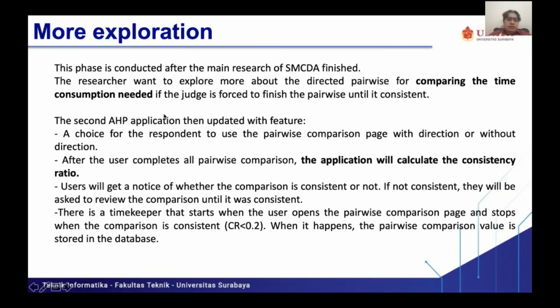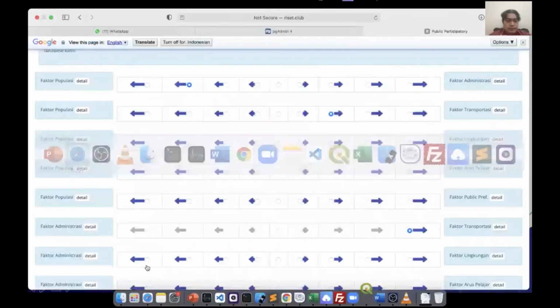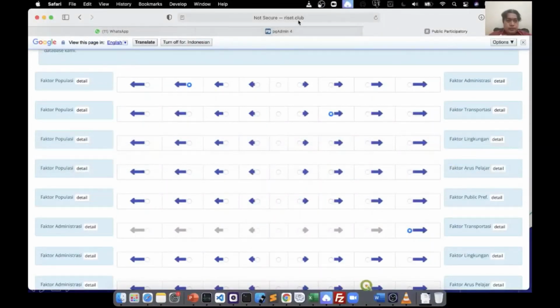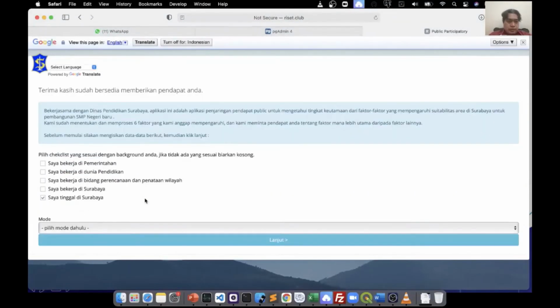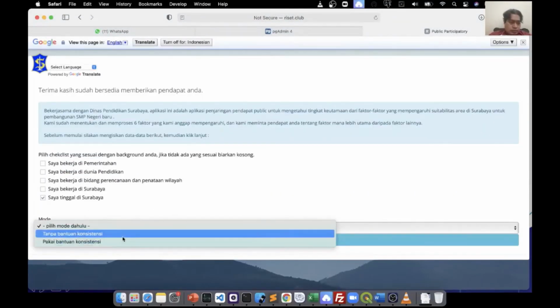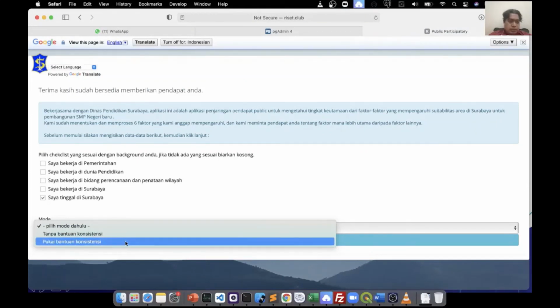So the second application is updated with a new feature. There's a choice for the respondent for using direction or without using direction. We can see it here. This one, tanpa bantuan and pakai bantuan.